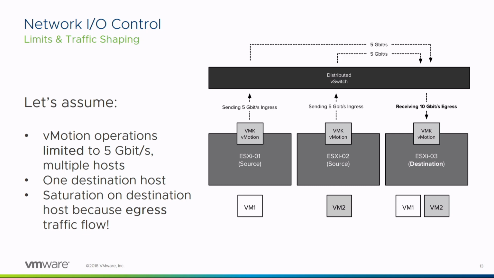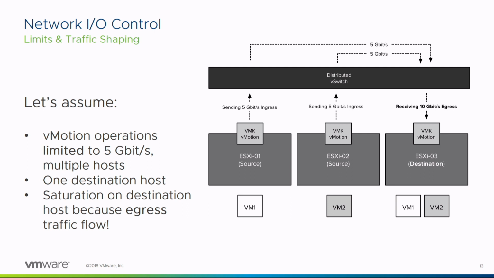So we could have this corner case scenario, and let me stress this is just an example, right? But let's assume we have 3 hosts in a vMotion network, and 2 of those hosts are source hosts. We have 1 destination host, and we have a limit enforced for vMotion traffic of 5 gig.